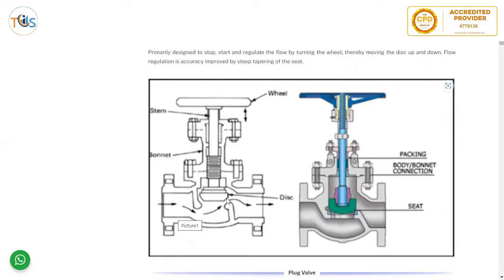As you can see here, it's not 90 degrees, it's at an angle, so that the globe can sit on the seat and then make it leak tight. This is the seat, as you can see.